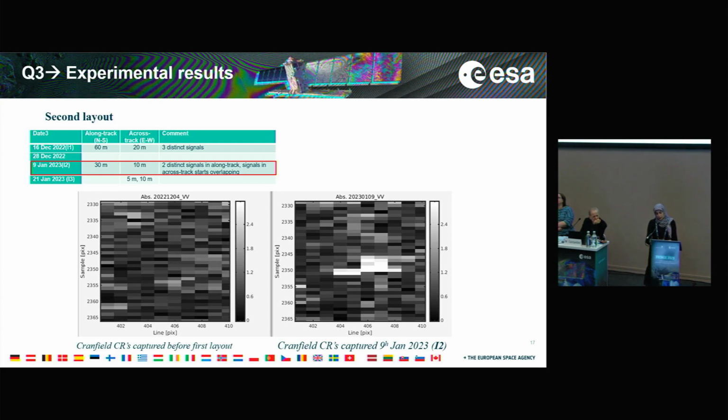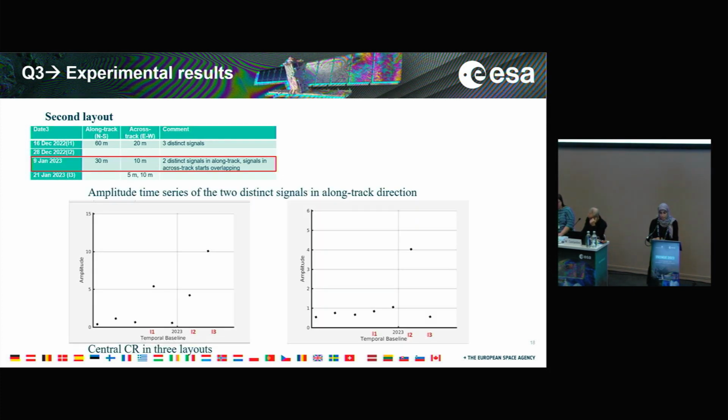And again, if we look at the first image after the second layout, which we named I2, and compare with the image before any corner reflector installation, we can say there are 2 distinct signals in along track direction, but the signal in across track direction starts to overlap.